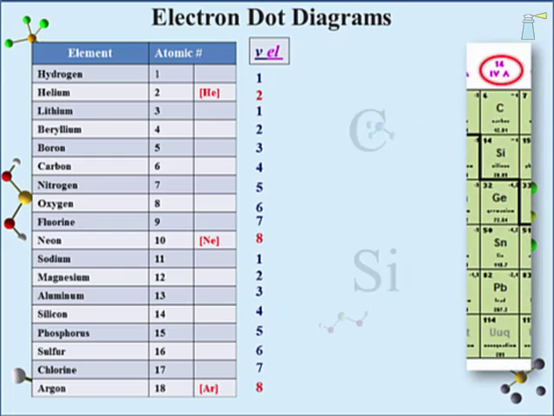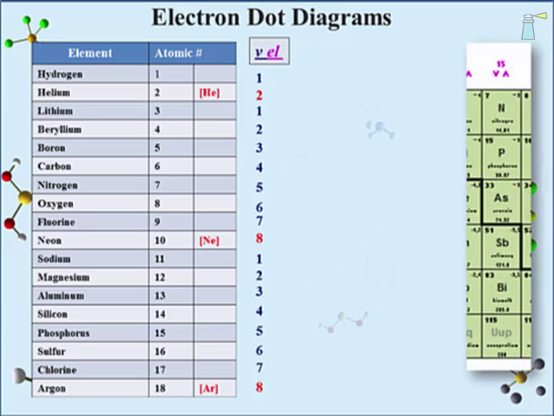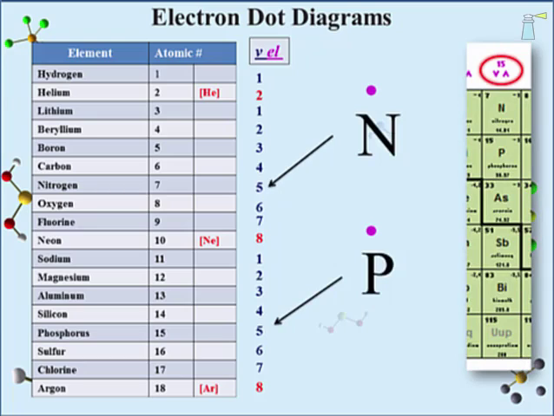Carbon and silicon are column 4A or column 14 elements, and their 4 valence electrons are assigned 1 to a side. The column 5A or column 15 elements, nitrogen and phosphorus, have 5 valence electrons. The first 4 of their 5 valence electrons are assigned in the same manner as that for carbon and silicon.